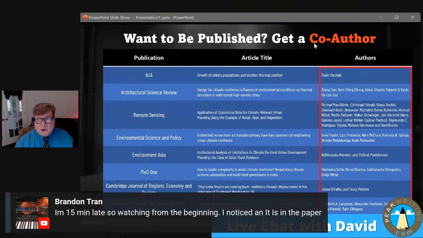Look at that list of co-authors. Academic journal editors are going to be looking for submissions that have co-authors. The editors will have more confidence in your submission if you have co-authors listed. So that's a very important point, as well as the point we were making about how to write your title.